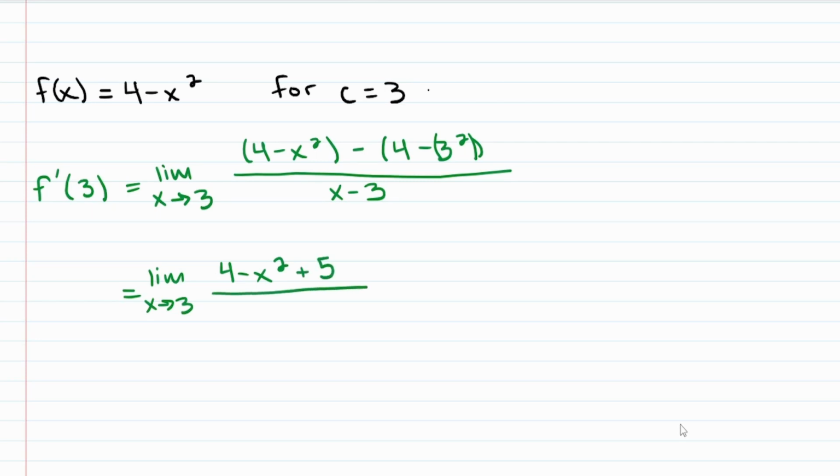On the denominator, we still have x minus 3. Now let's go ahead and combine our like terms. So we have a 4 and a 5, and then our x squared we can't really do anything with. So we'll just rewrite the limit as x approaches 3 of 4 plus 5 is 9 minus x squared all over x minus 3.